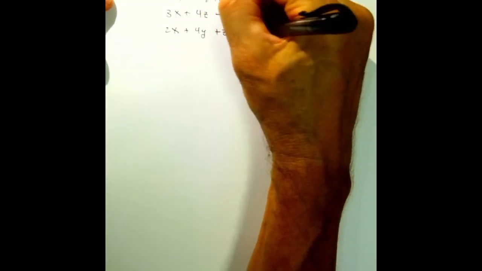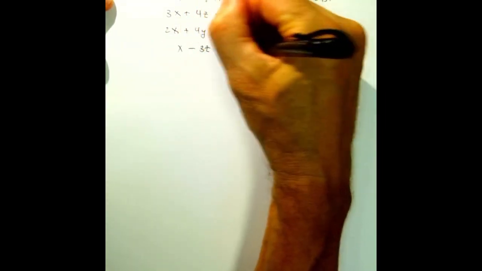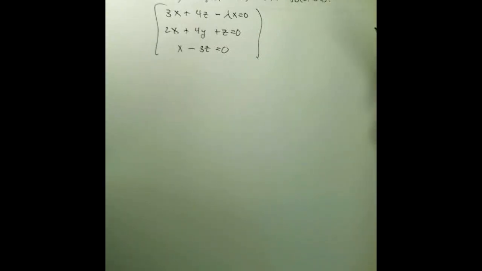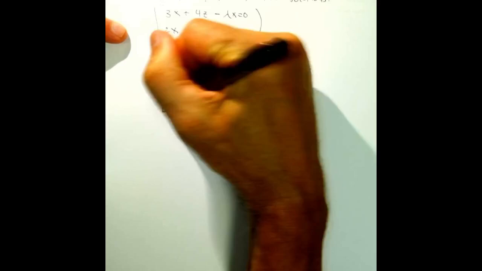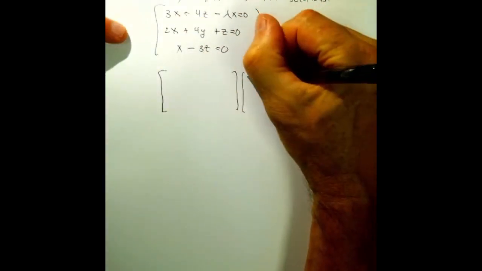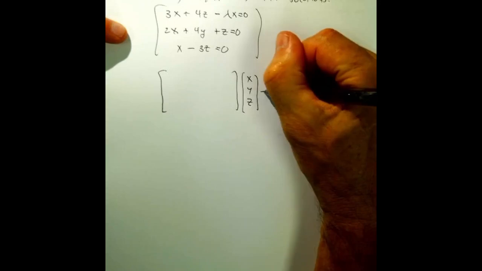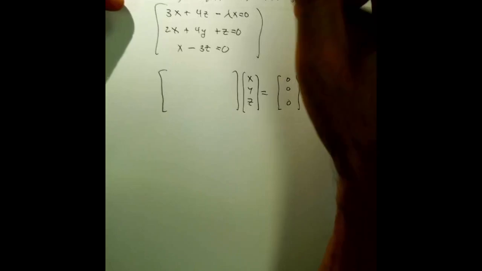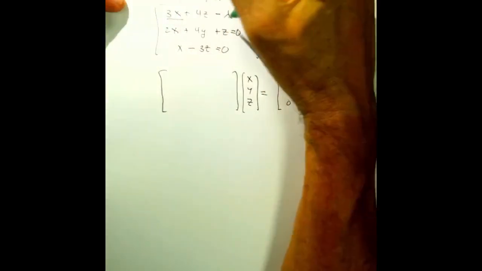And that system was 3x plus 4z minus lambda x is 0, 2x plus 4y plus z is 0, and x minus 3z is 0. And I know that there is at least one solution, so that solution is either going to be unique or there are going to be infinite solutions. Now, let's put this into a linear system of equations. And here my unknowns, or my state, is x, y, and z. And on the right-hand side, I have all zeros. I'm going to be a little careful. I've got an x here and an x here.